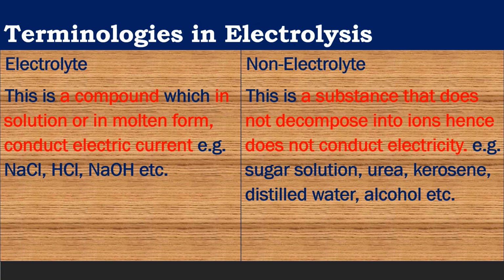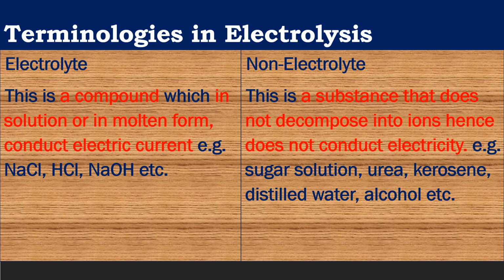Alright, what are the terminologies used in electrolysis? The first one is electrolyte. An electrolyte is a compound which in solution or in molten form conducts electric current. Examples are sodium chloride, hydrochloric acid, sodium hydroxide, and so on.